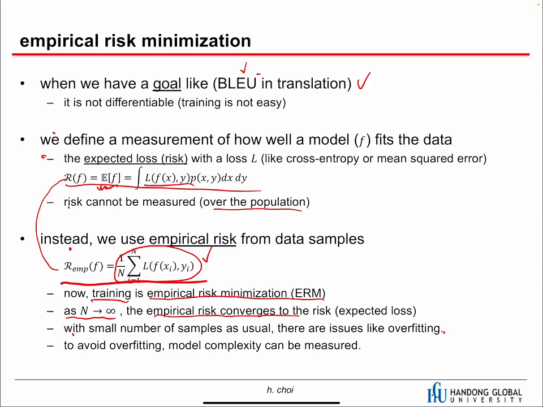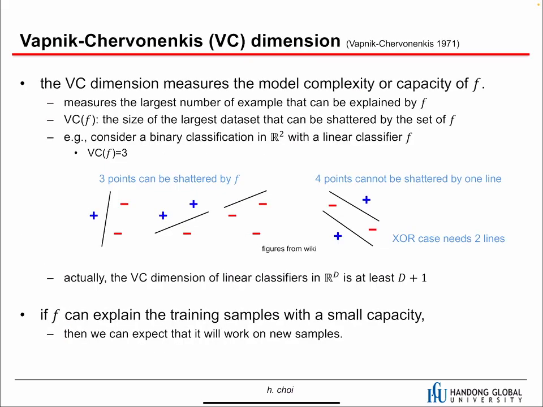To avoid overfitting, the model complexity can be measured and it should be controlled. What I'm saying here is that we want to minimize risk, but practically we can only minimize empirical risk. But here is a question: when we minimize empirical risk, do we actually minimize risk, or how much?